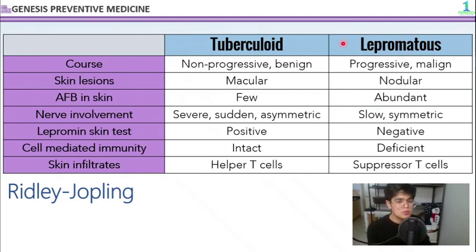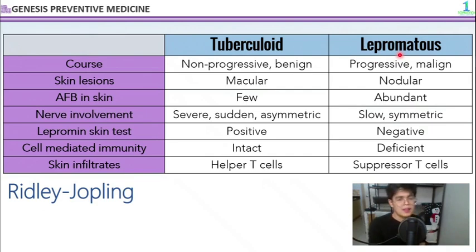I say it's a spectrum because there are actually 5 subtypes: tuberculoid, borderline tuberculoid, borderline lepromatous, lepromatous. Those are basically just overlaps of the two extremes of tuberculoid and lepromatous.